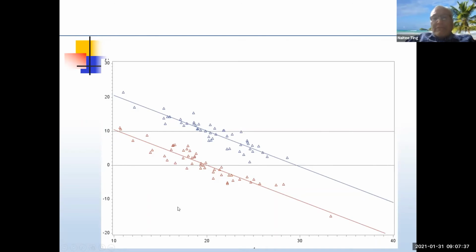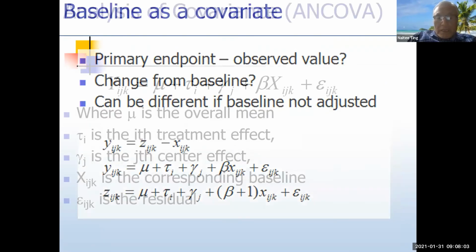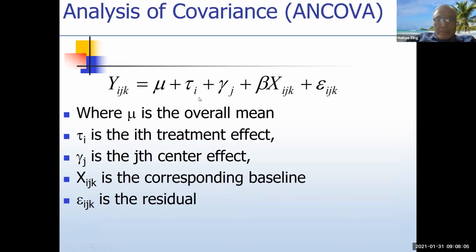The next thing is, if I include baseline in the model, now I have this relationship. What is my treatment effect now? The treatment effect is reflected in your intercept. It's about 20 to 10, so it's about the same. If I include the term in the model, I'm looking at the tau i difference.